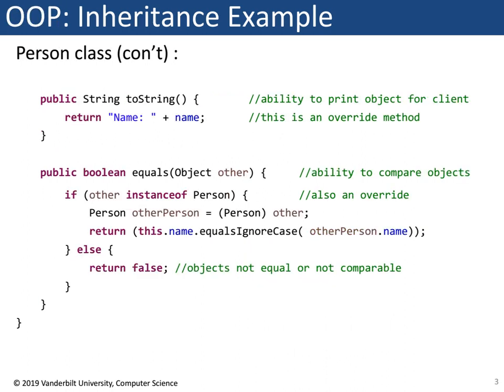We also overrode the toString method to display the name stored for the person, as well as overrode the equals method to be able to check and see if two people were the same. Two person objects contained the same name.